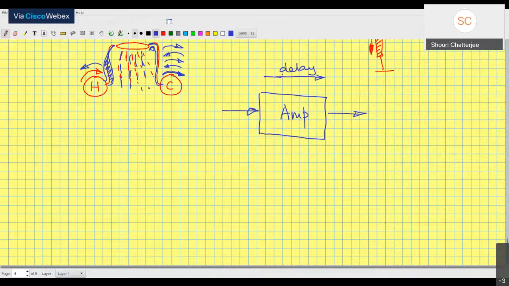Now, this amplifier, if I use it just by itself, then again, no problem. But I'm never going to use it just by itself. I will have a feedback, like I have in the shower, a feedback through my body. I am feeling the temperature and trying to adjust the knobs.